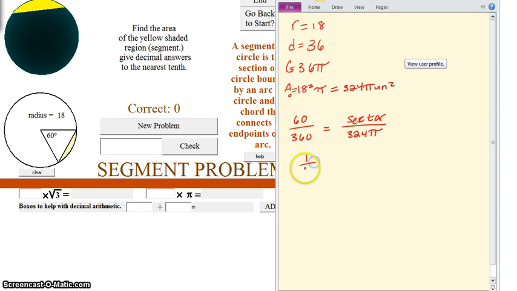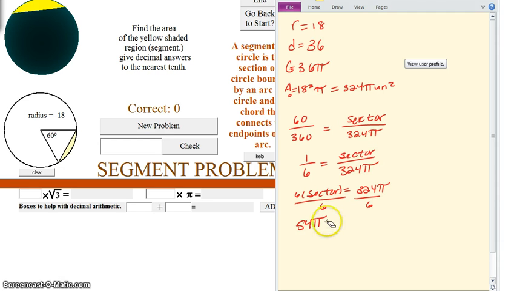So this is 1/6 equals the area of the sector as compared to the whole circle. 6 times the sector equals the area of the circle times 1. So the area of the sector is 54 pi. And these are units squared.